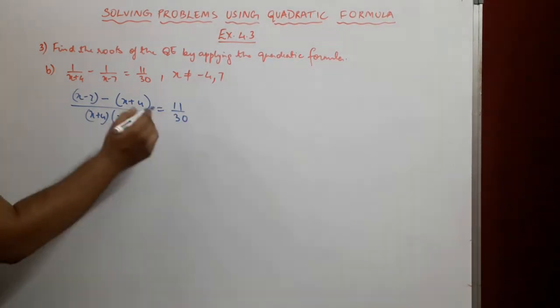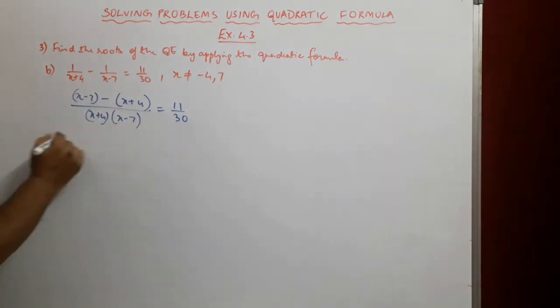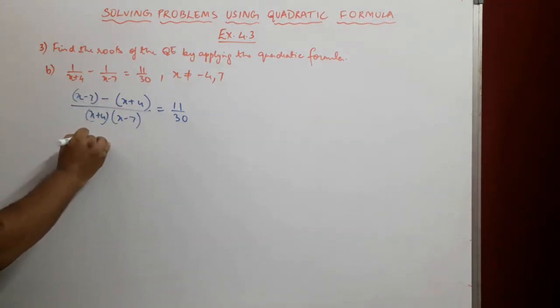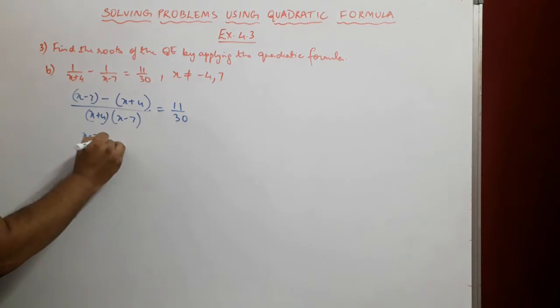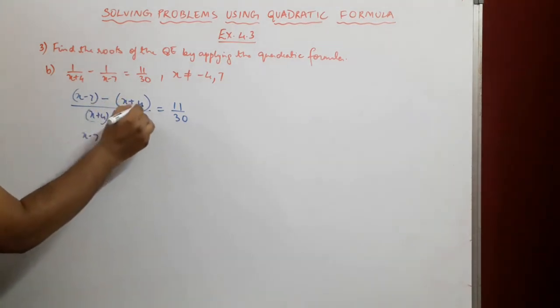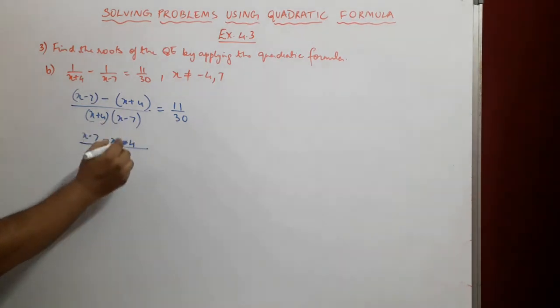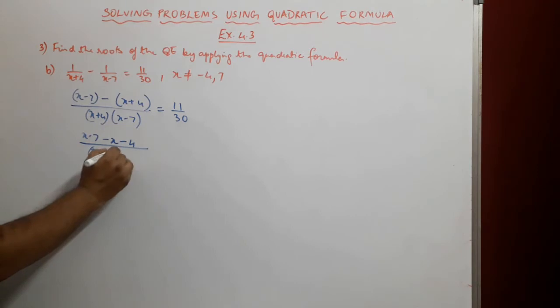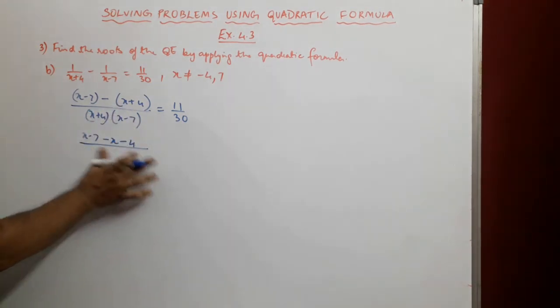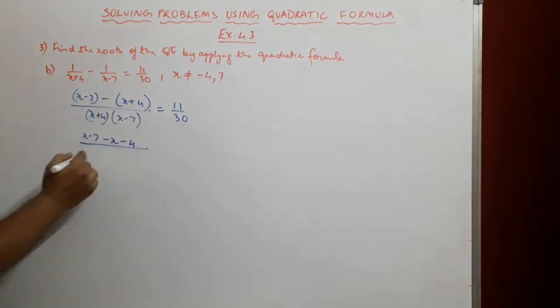Then we open the bracket on top, so x minus 7 minus x, whatever is positive will become negative, so minus x minus 4, and we are left with x plus 4 into x minus 7, and we can open this bracket up as well.